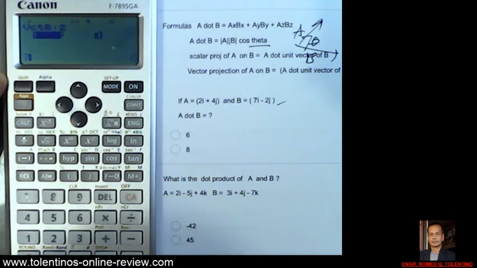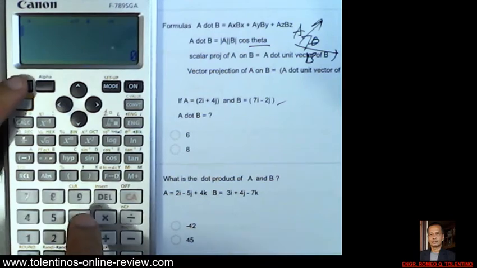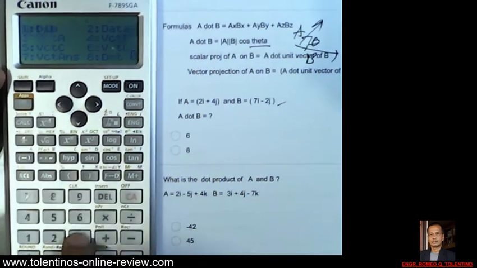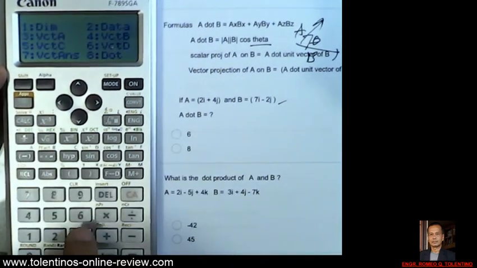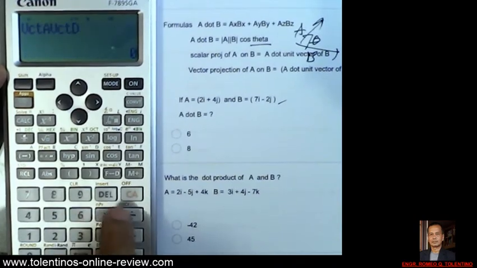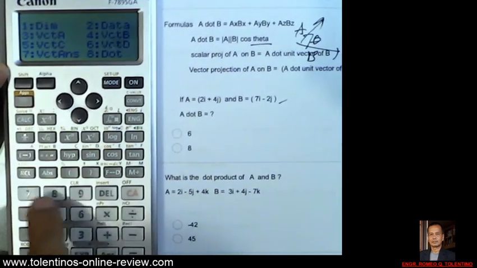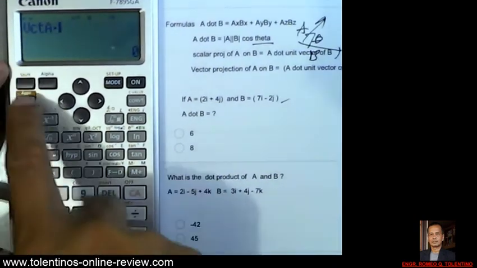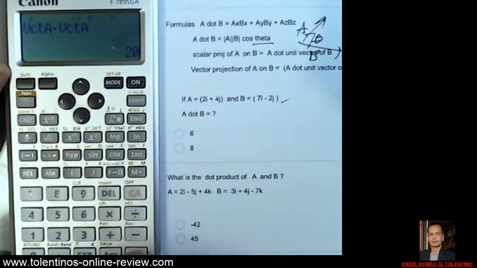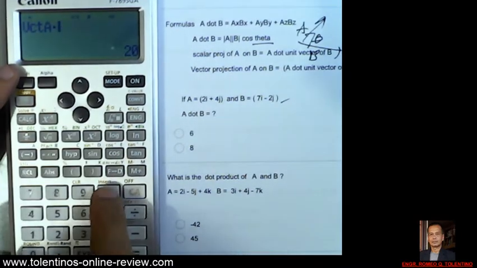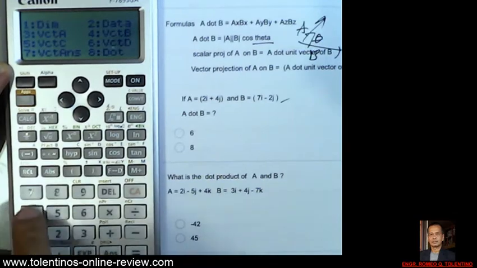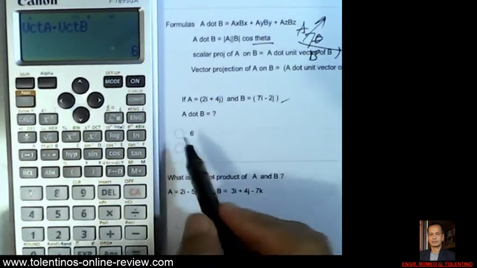Input mo yung 7 saka negative 2. And then, okay, shift apps 3. Shift apps, hanapin mo yung dot product 6. Shift apps 8. And then shift apps 3. Vector B pala. Shift apps 4. So the answer is 6.